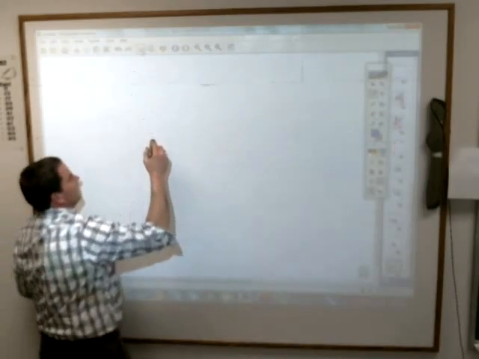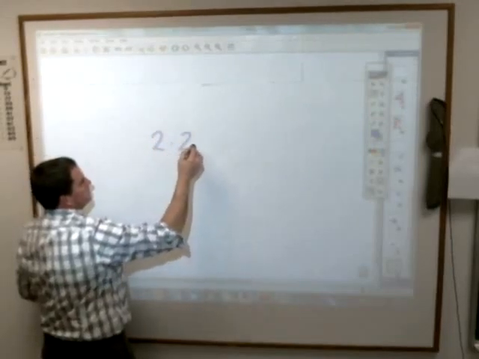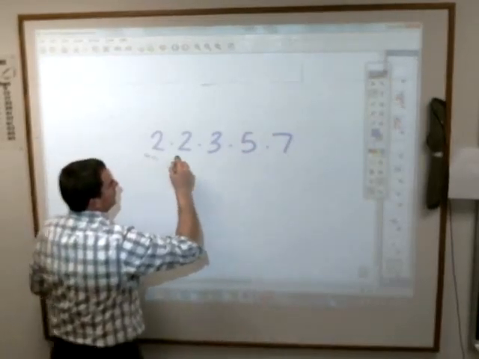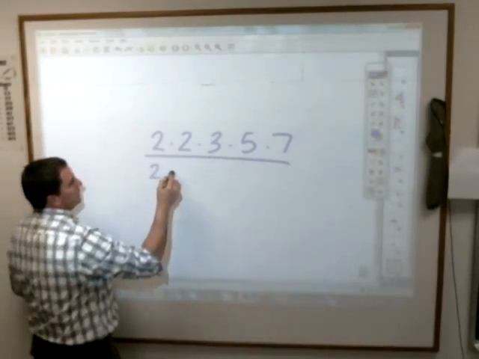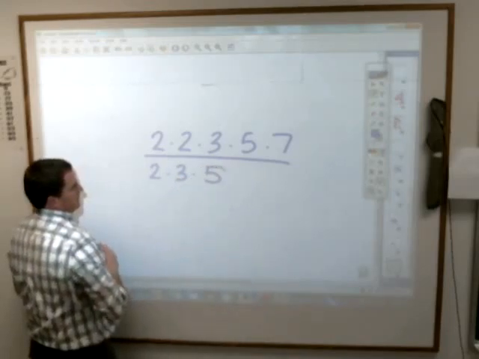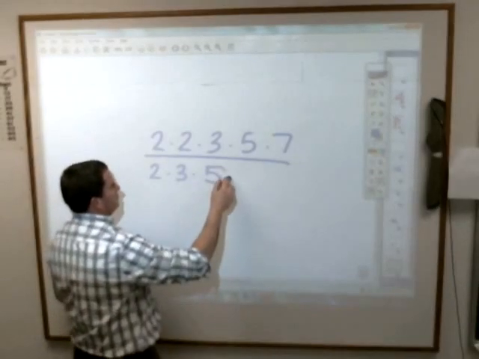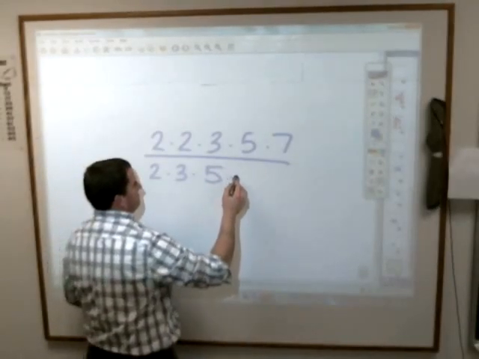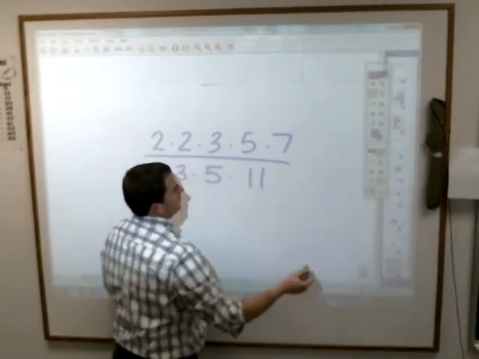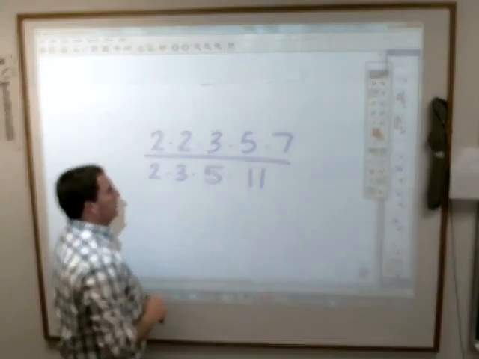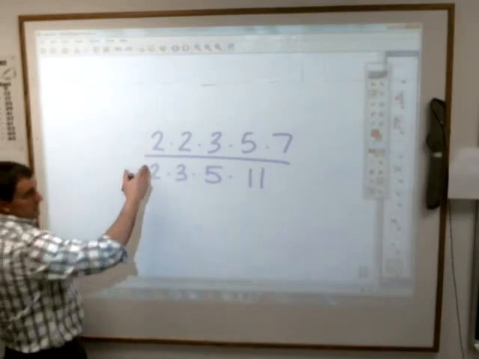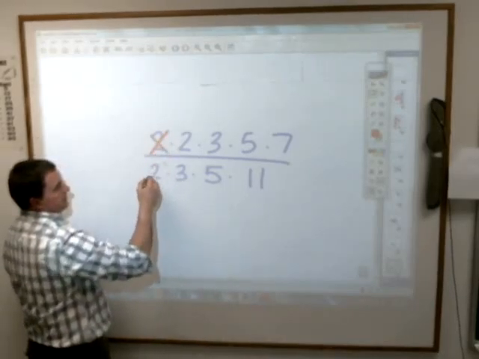Well, let's say you have this: 2 times 2 times 3 times 5 times 7 over 2 times 3 times 5 times 11. They won't give you one like this, but hey, I can do whatever I want. What's going to cross off? Well, a 2 and a 2 cross off.